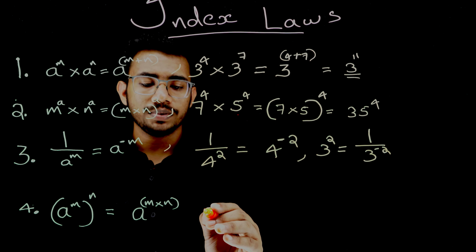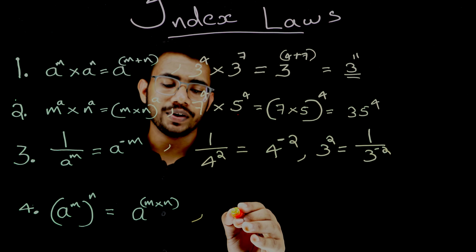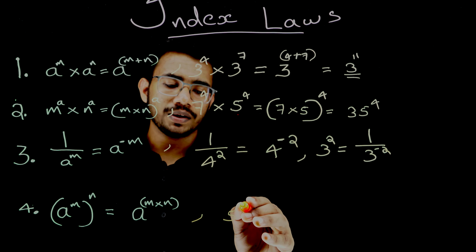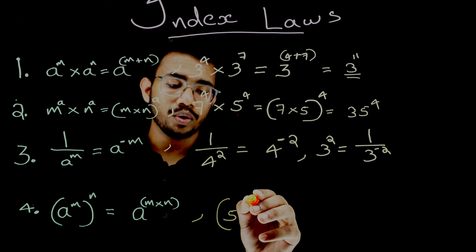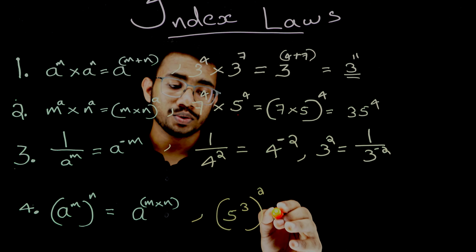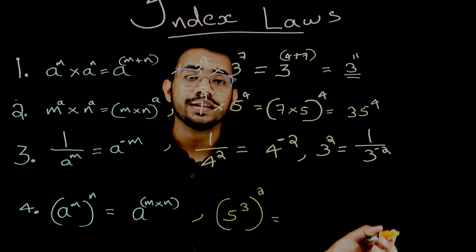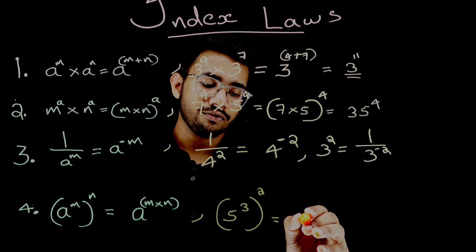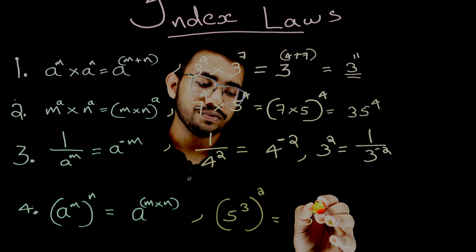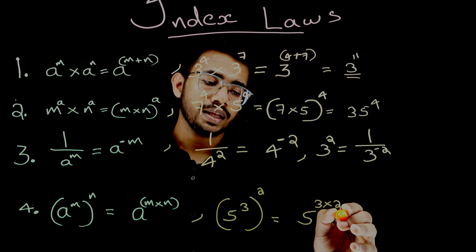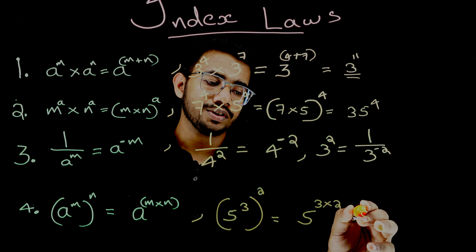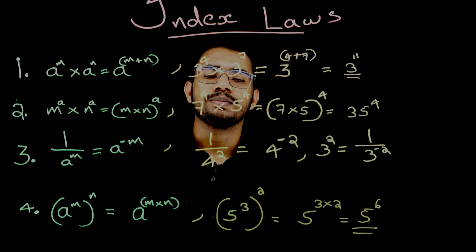Let's say I want to find out 5 to the power of 3, the whole power of 2. So here I just have to multiply the powers, that's all. That will give me 5 to the power of 3 times 2, and that is equal to 5 to the power of 6. And that will be my answer.